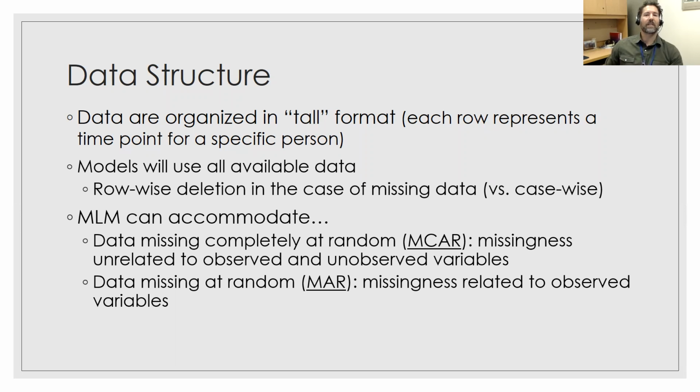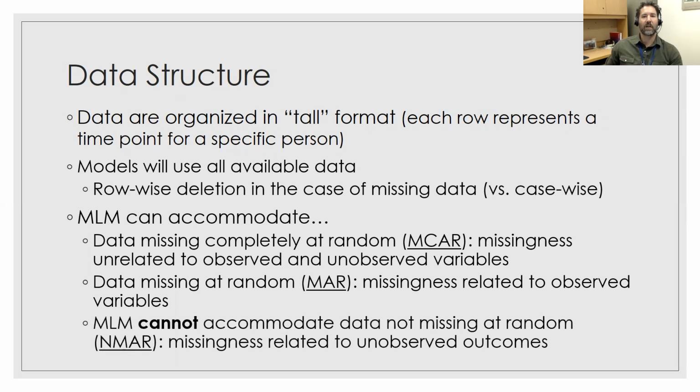But what happens if the missingness is primarily related to the outcome variable? This is something that we see a lot in clinical studies where, for instance, participants may be enrolled in a lengthy trial that has them reporting to a clinic once a week for 6 weeks. So pretty big commitment. Once they stop seeing improvements, these patients often say, you know what, forget this. I'm not going back there. And they drop out.